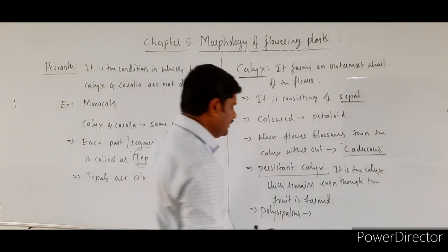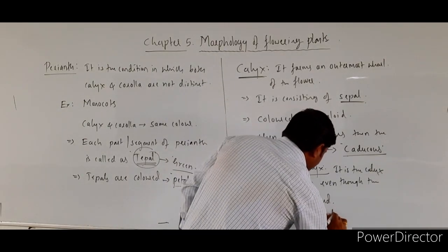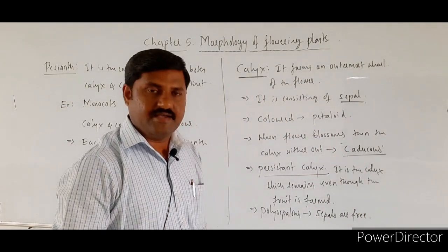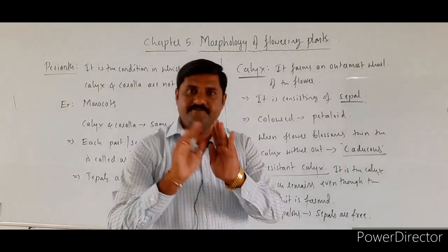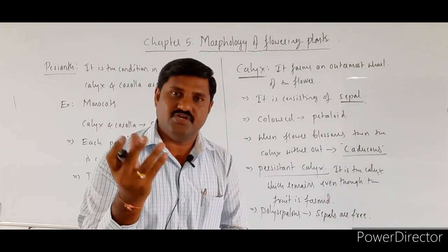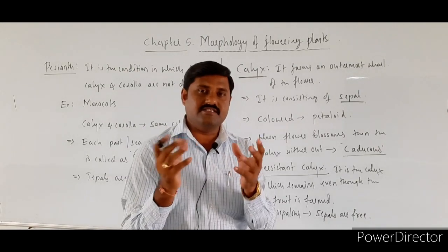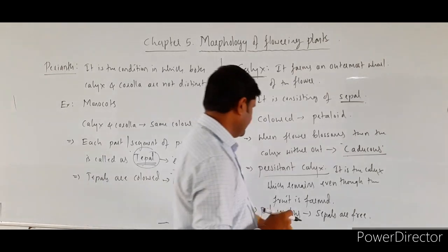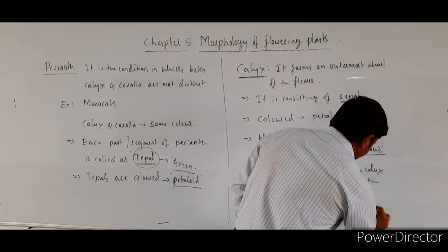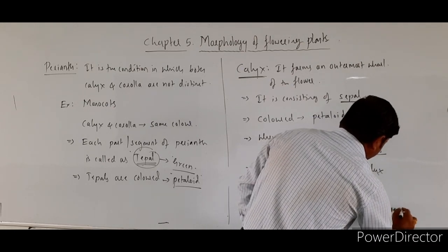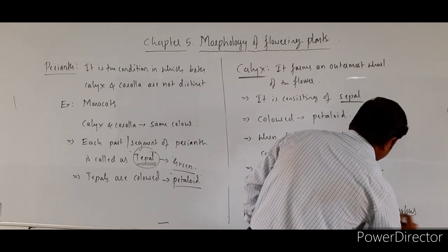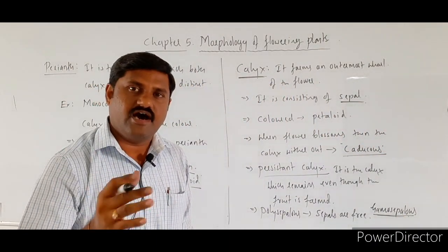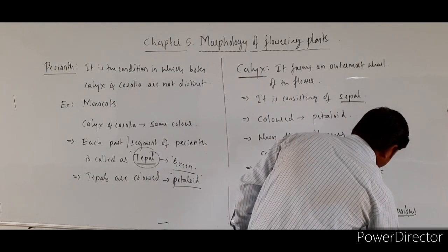Polysepalous condition means sepals are free. Sometimes these sepals are fused. In case of hibiscus, you can very easily identify that all the sepals are fused, then the condition is said to be gamosepalous condition. Gamosepalous condition means the sepals are fused.